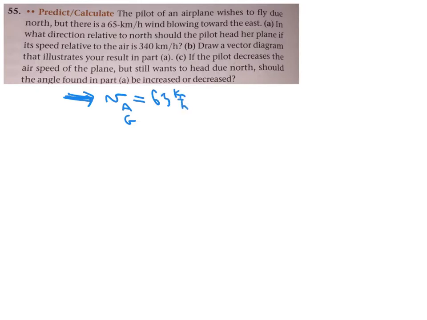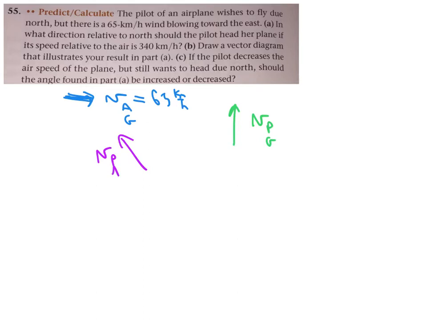And we would like the plane relative to the ground to go due north. So that's the plane relative to the ground. I don't know what that speed will be, the so-called ground speed, but I do know that it has to point due north. And then finally, we have where the pilot actually heads, which is the velocity of the plane relative to the air.